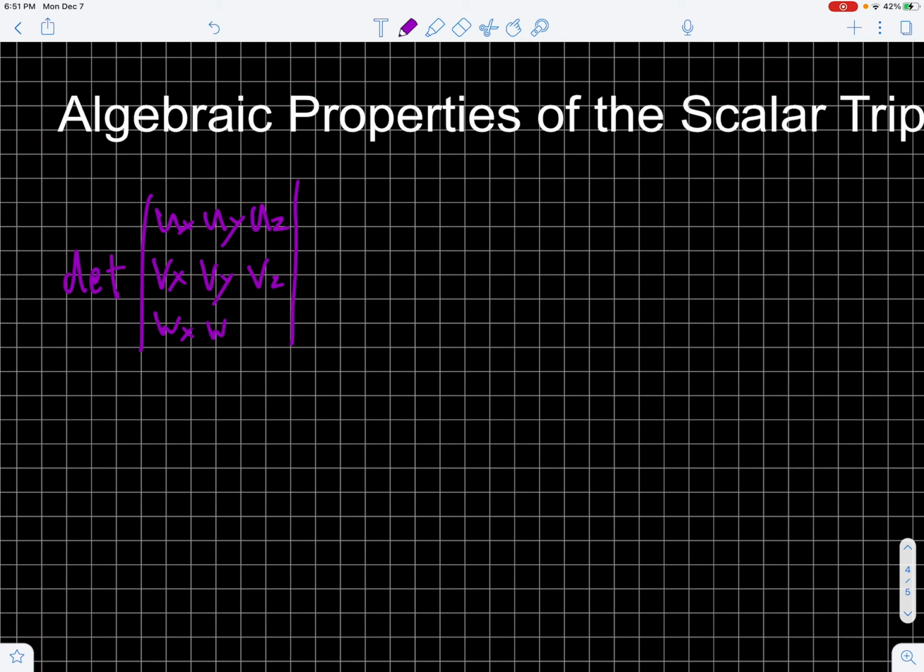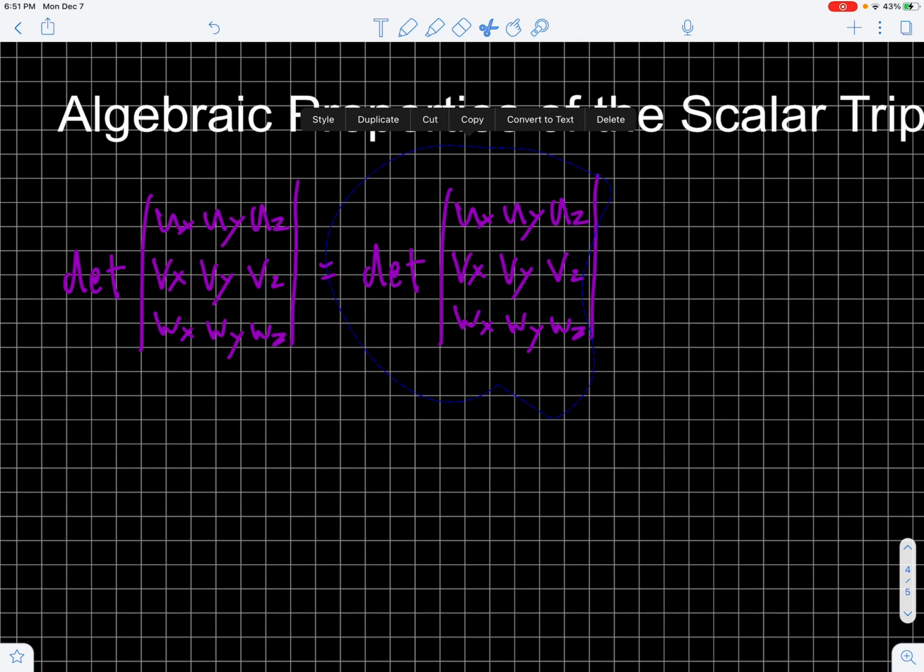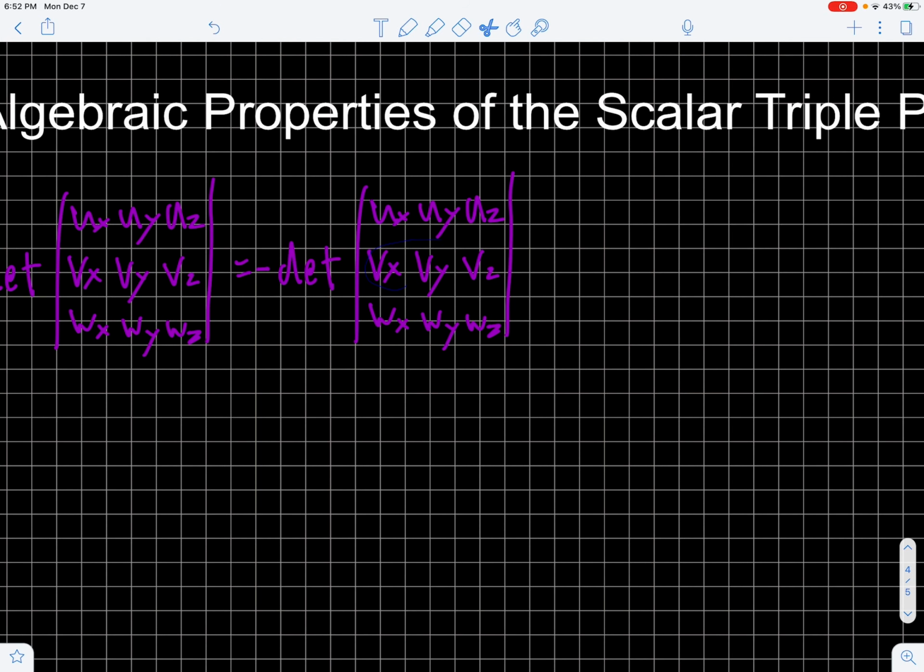Our scalar triple product is the determinant of this matrix. Now we know that if we switch two rows of this matrix, it makes that determinant negative.